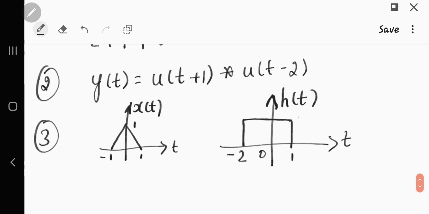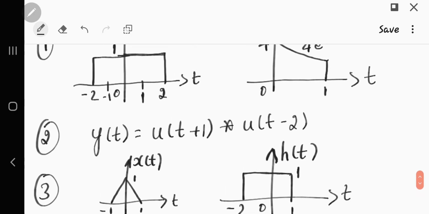Amplitude, just keep it simple, 1 only. Okay. So try these three examples on your own and try to get the result.